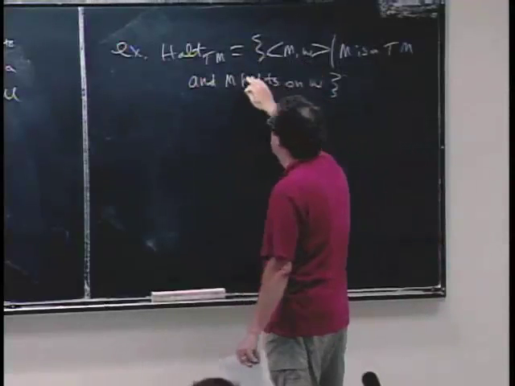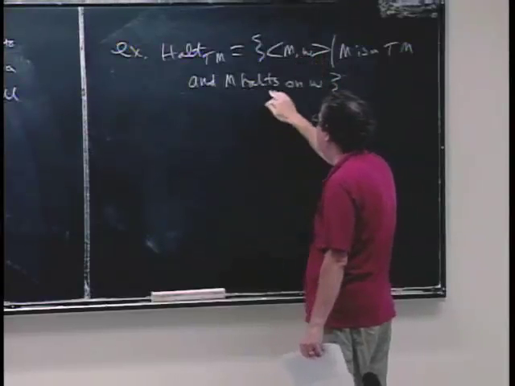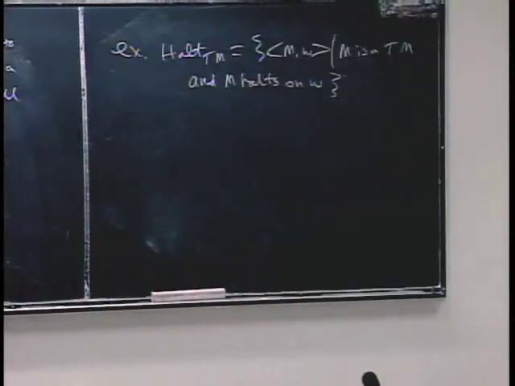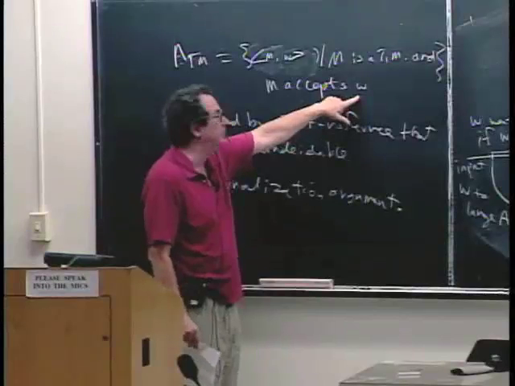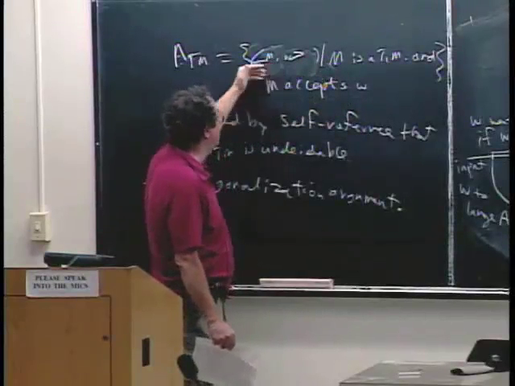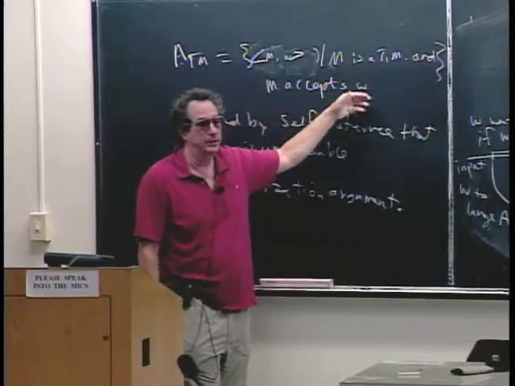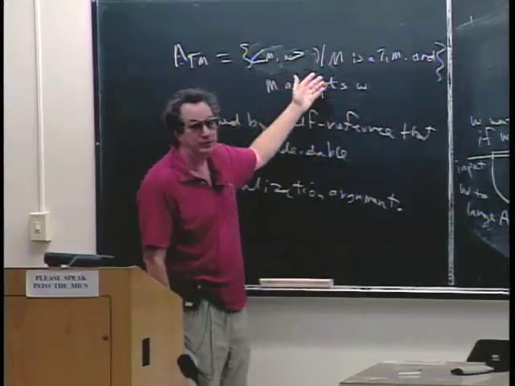But the key point is that this decides whether M halts, whereas in ATM, we're looking for a Turing machine that accepts only when M accepts. But it would reject when M does not accept. So it would reject if M either rejects or if M doesn't halt.